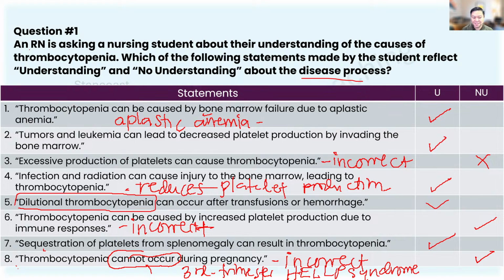This is a condition associated with preeclampsia or eclampsia, such as HELLP syndrome. But we're not going to elaborate on HELLP syndrome today. We'll be talking about that in a different topic, in maternal and child care. And so the answer here is no, because the statement said cannot occur. That is false. It can occur.